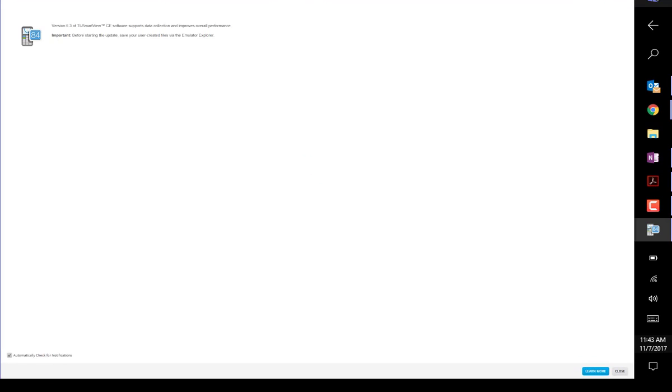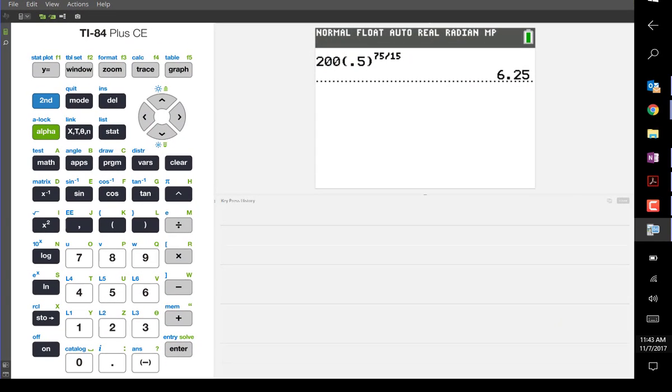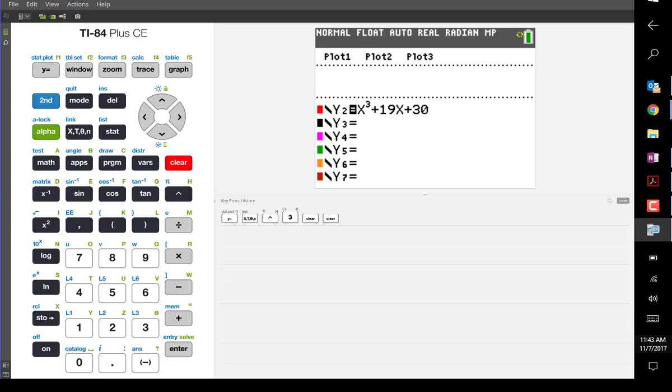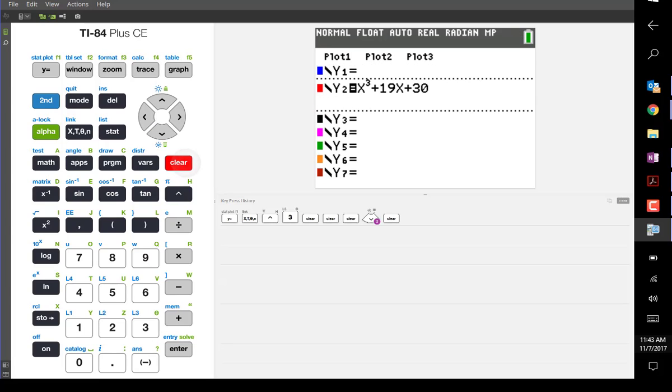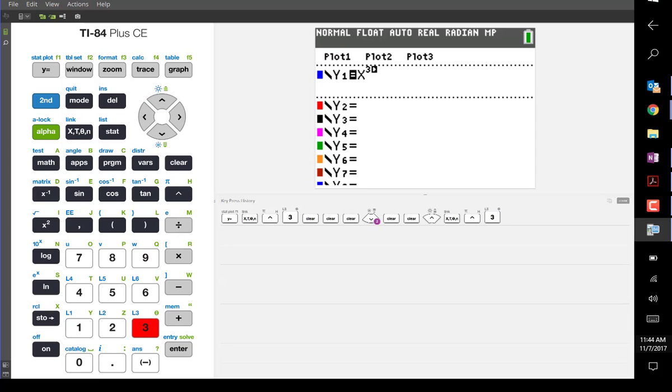Okay, so go to y equals, and let's type it in. I have x cubed minus 4x squared.